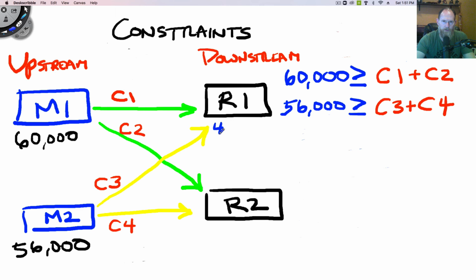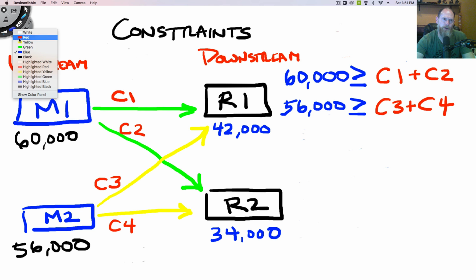So we'll say that demand here is 42,000 and demand here is 34,000 units. So we're just going to work our way downstream, but slow is fast, as we like to say in the logistics and operations world, meaning that we've got to be careful not to mess this up. Now, if we stick with the alligators facing upstream, if we position things right, everything will go good.